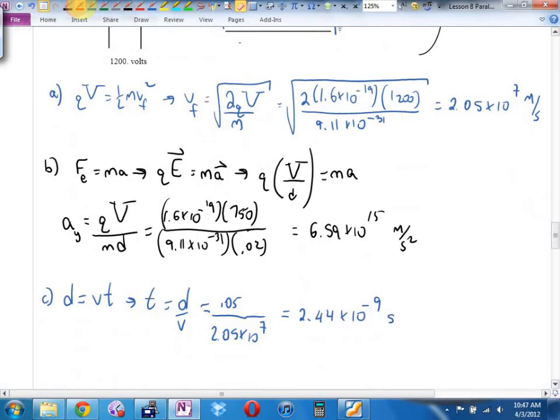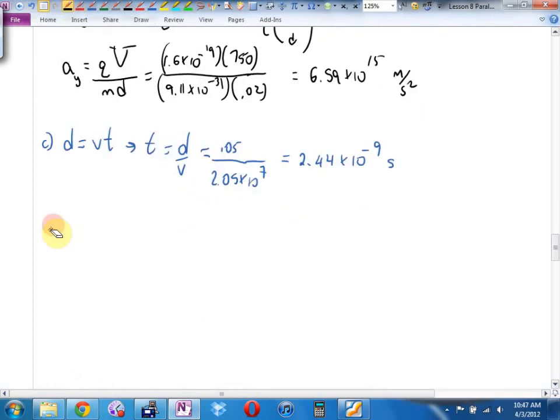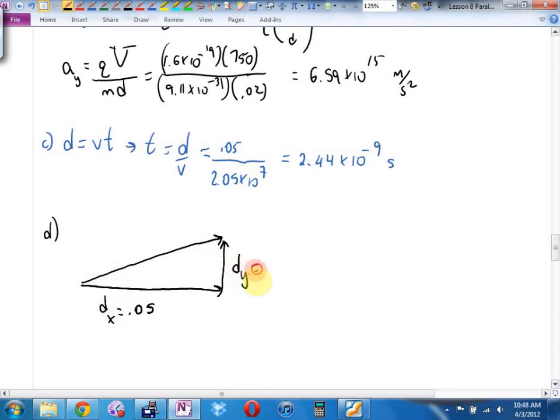Well, here's my argument for D. It traveled 0.05 meters this way. How far will it travel vertically while it's between the plates? How much will it get deflected by?